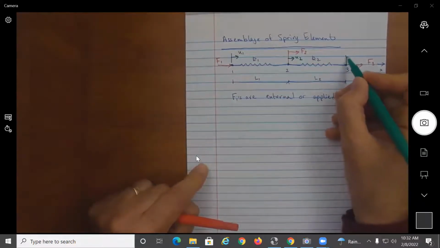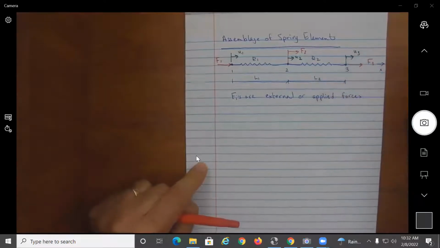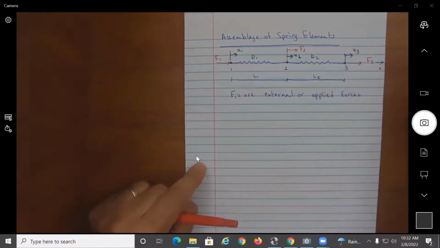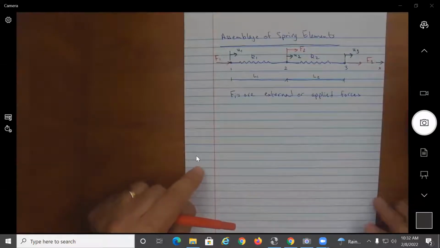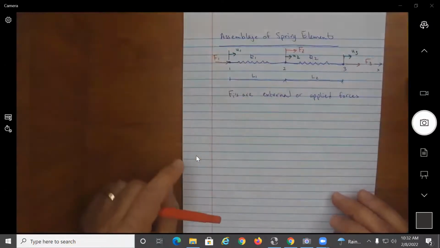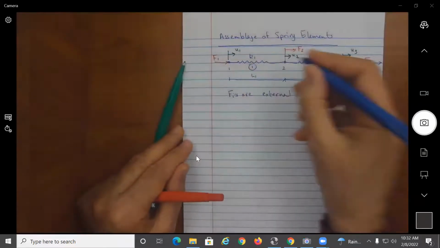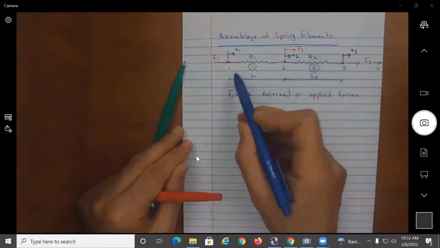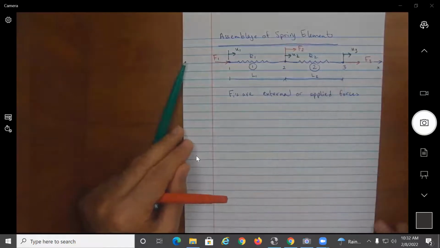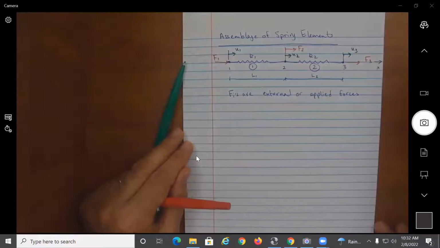And likewise, node 3, we're going to express its displacement using U3. So this here describes my system. I have 2 elements, element 1 and element 2, and I have 3 nodes and 3 degrees of freedom, 1 degree of freedom per node.